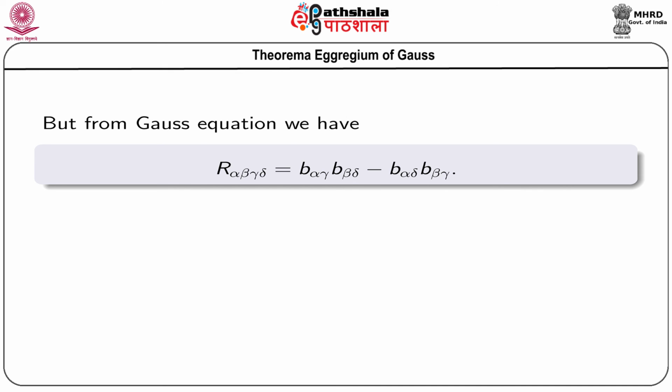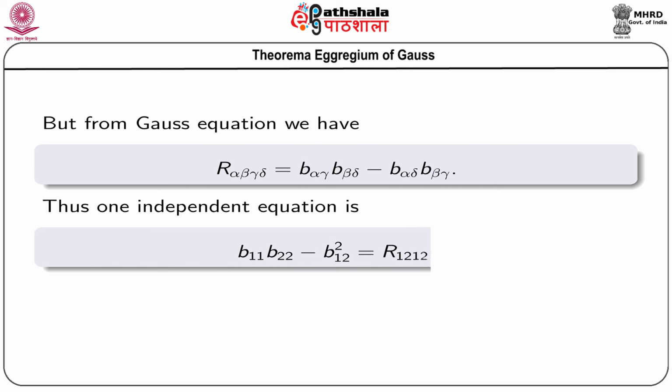So, we have obtained this relation from the Gauss equation, and we have also obtained that this equation has only one independent equation, and that is B11 B22 minus B12 square equals R1212. That means R1212 is nothing but B11 B22 minus B12 square.